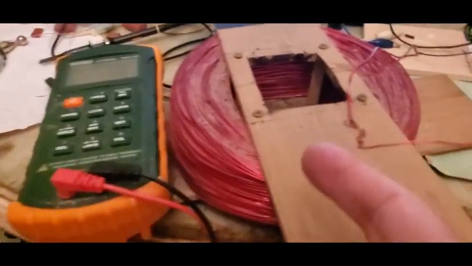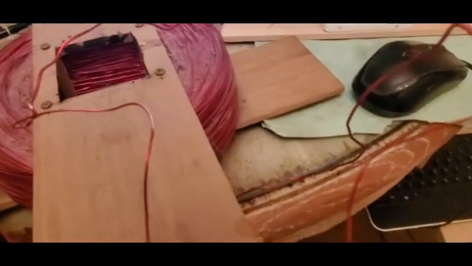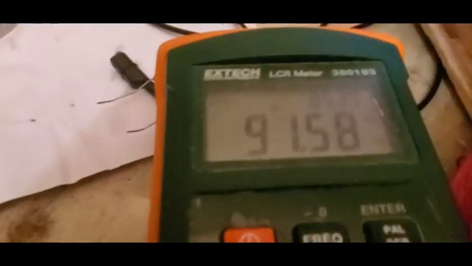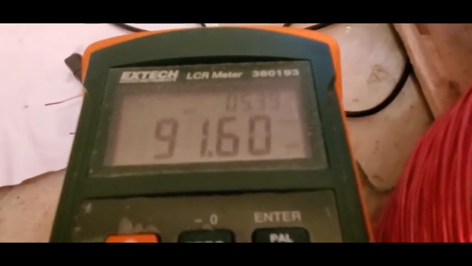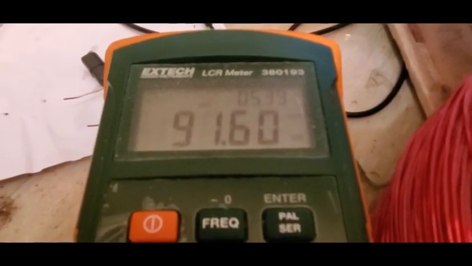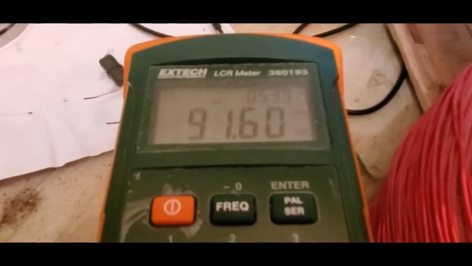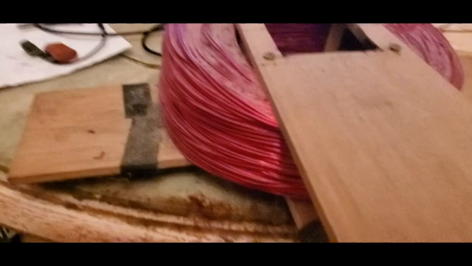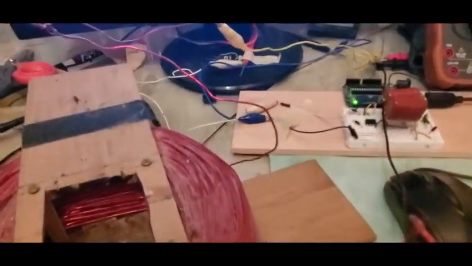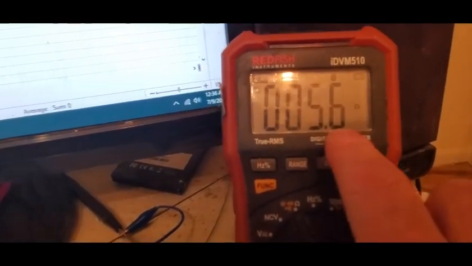So let's look at this big daddy coil that's taught me so much. We see that the inductance is approximately 91.6 millihenries, as opposed to about 9.88. So about 10 times the inductance. The resistance of this big daddy coil is about 5.6, 5.7, I'll call it 5.6 ohms.